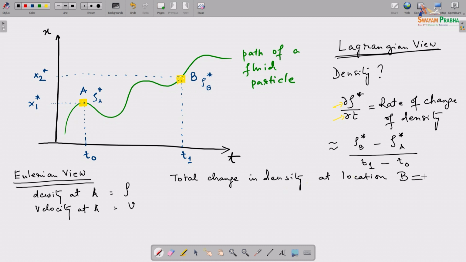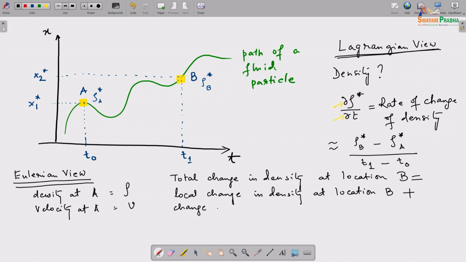So this is the local change in density at location B, plus the change due to the fluid moving from A to B with a velocity v.